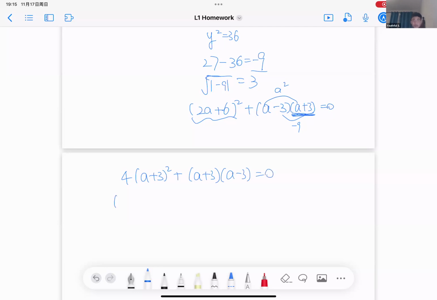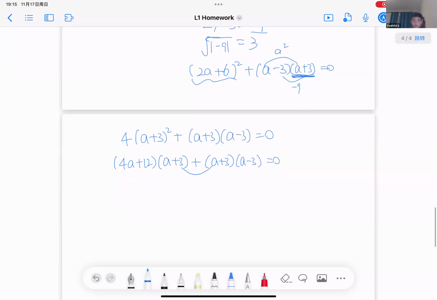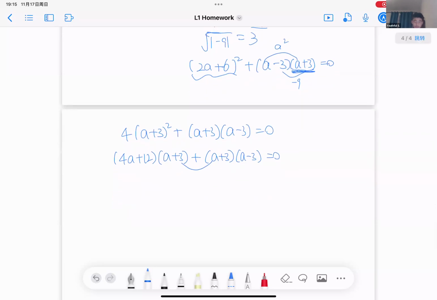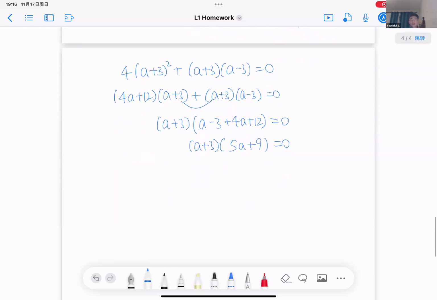So this is basically 4 times (a plus 3), which is 4a plus 12, times (a plus 3), plus (a plus 3)(a minus 3) equals 0. We can now make it into a whole thing, which is (a plus 3) times [(a minus 3) plus (4a plus 12)] equals 0. So (a plus 3) times (5a plus 9) equals 0. Well, this is our final equation here.